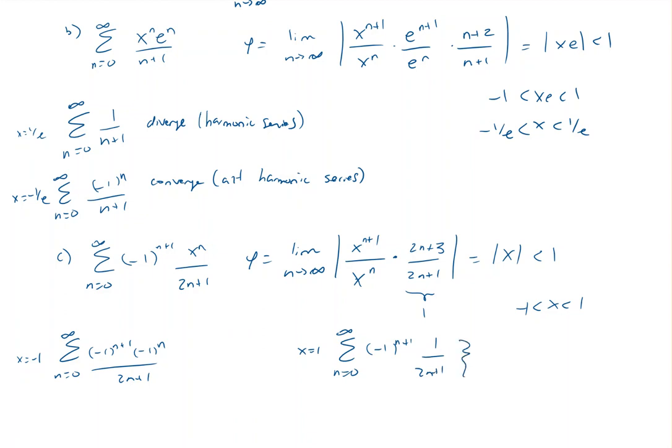It's going to conditionally converge, because it alternates, as n gets bigger the term's approaching 0, and the magnitude of the n plus 1 term is smaller than the n term. So it conditionally converges, so that means we can come up here and put a little sign here, but this one gets a little ugly.